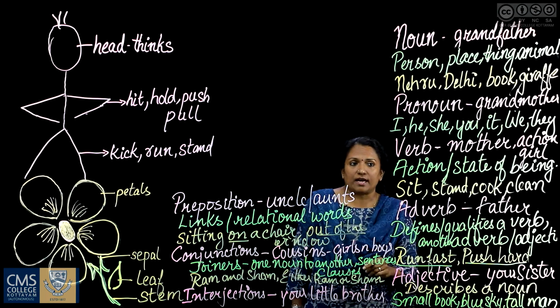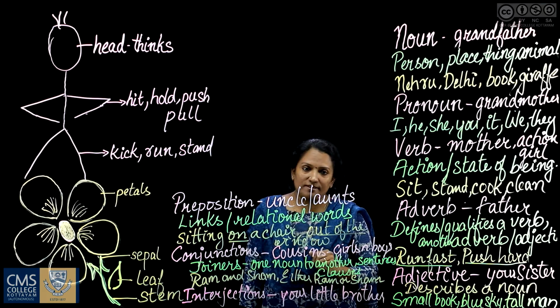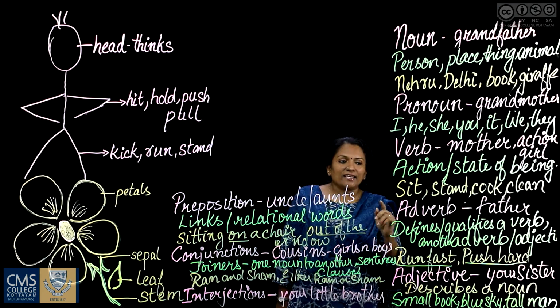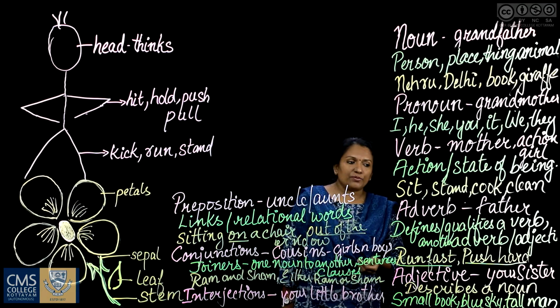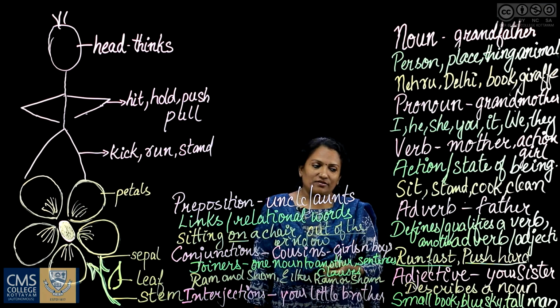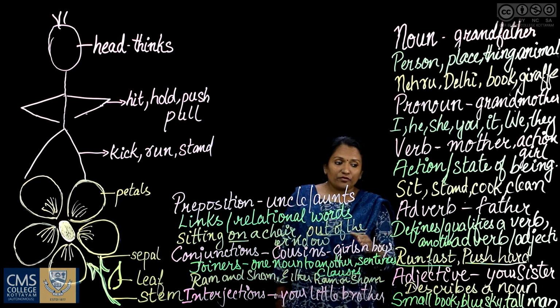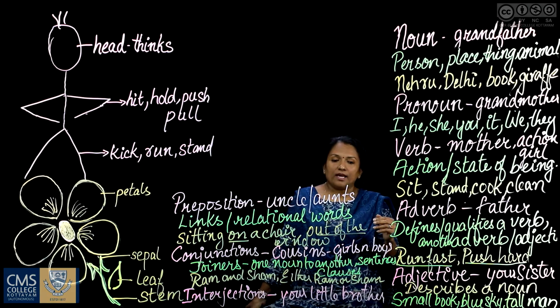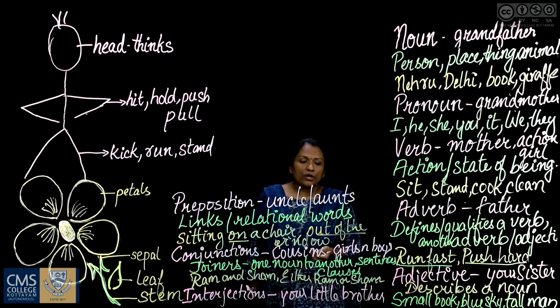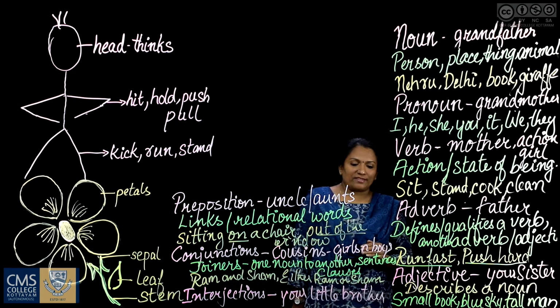Is and was are also verbs. Then you have the adverb, which defines or qualifies a verb, another adverb, or an adjective, where you run fast, push hard, etc. You have adjectives, which describe nouns.